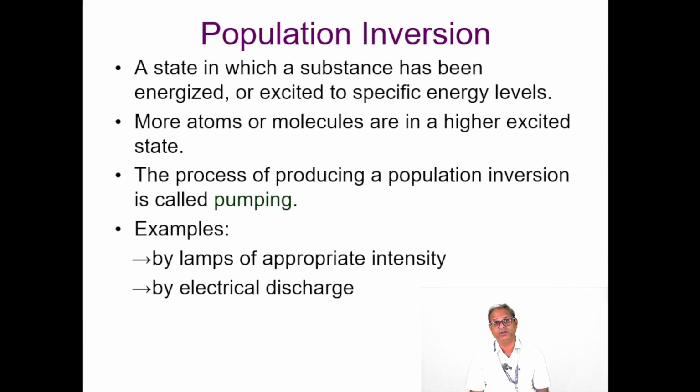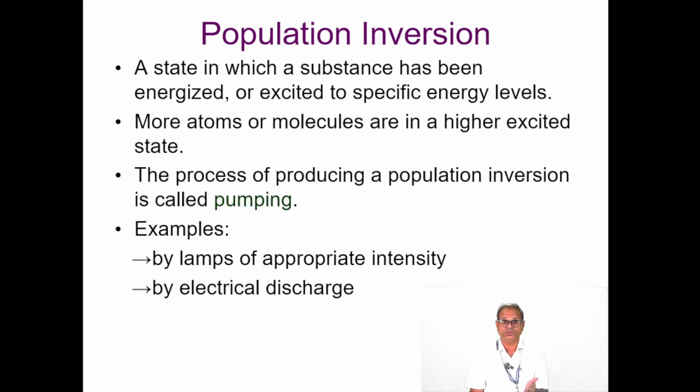So, it is written, what is population inversion? Population inversion means the process of raising the atoms, or making the atoms in the excited state greater as compared to the lower energy state. So, how to make the population inversion?